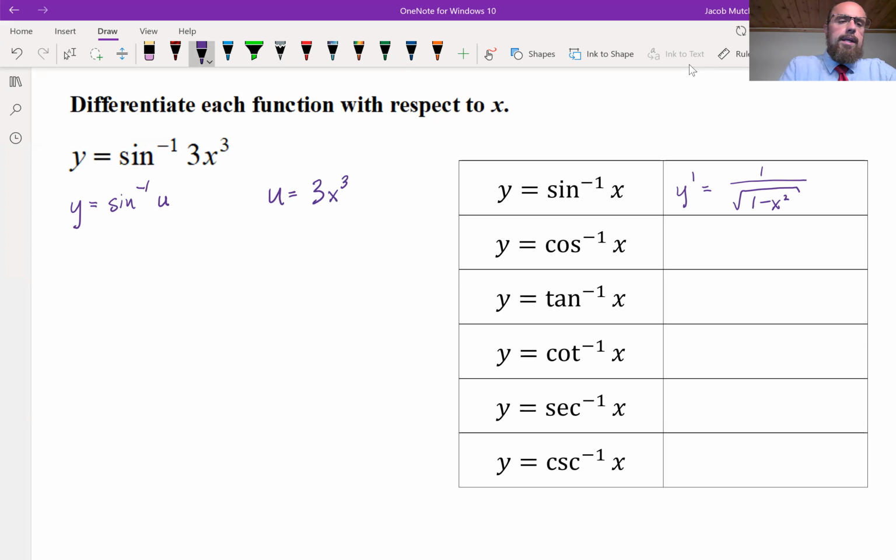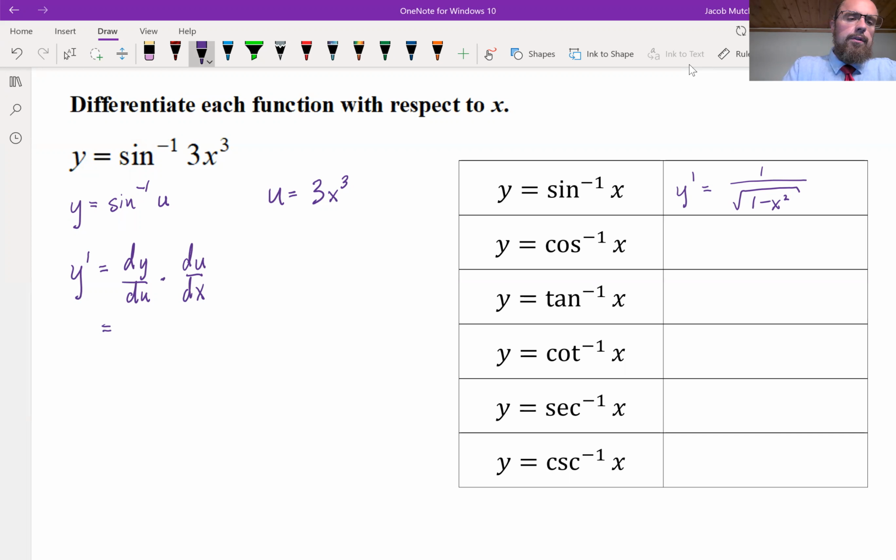So if I'm taking the derivative of y, using the definition of the chain rule, that's dy du, so the derivative of y with respect to u times the derivative of u with respect to x. So that's kind of my setup. Let me take derivatives of those two parts.